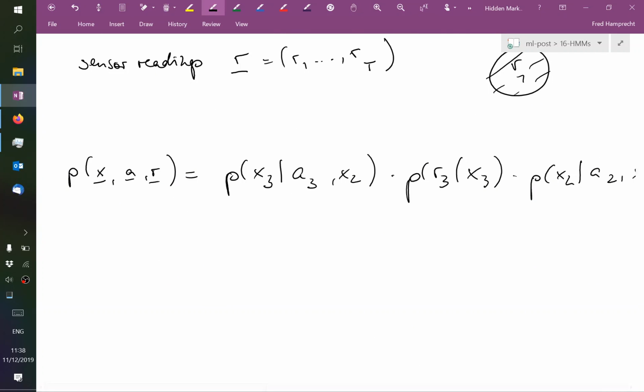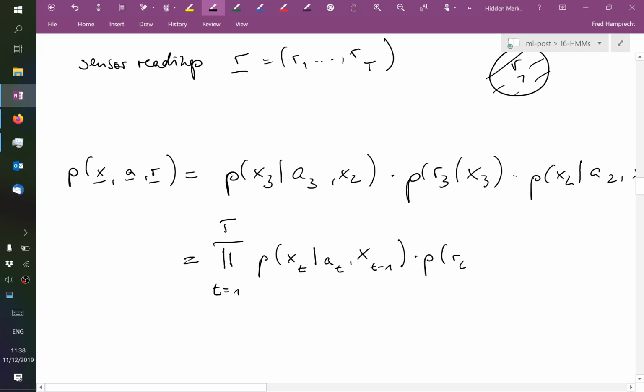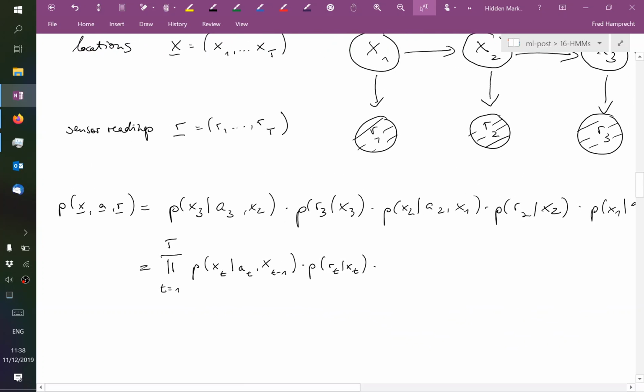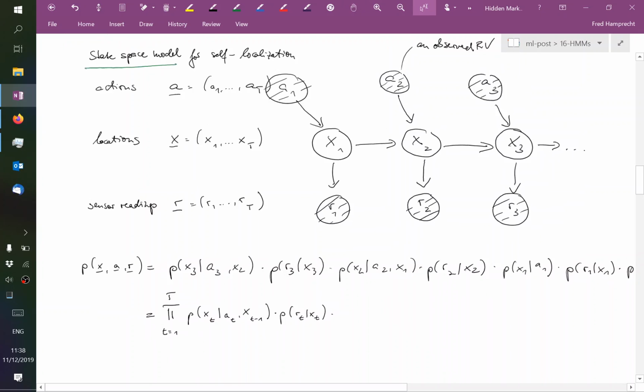And if I write it a little more generically, we have the product over all times from 1 to capital T. We always have the probability of xt given at and xt minus 1 times the probability of rt given xt times, I have forgotten two terms here.